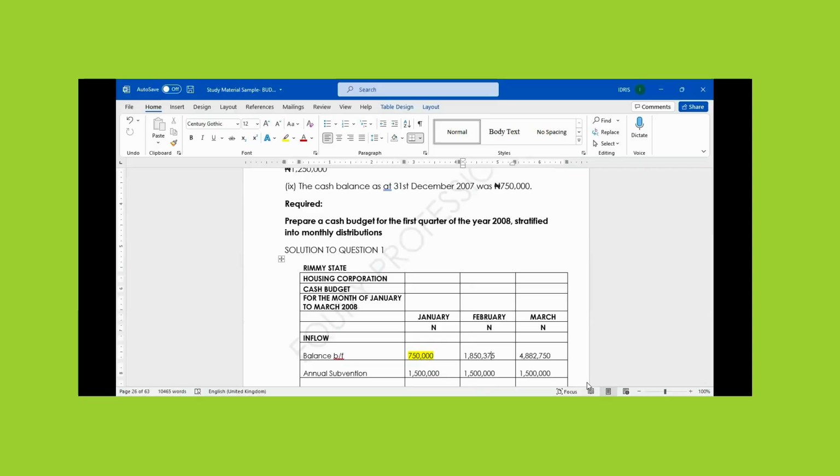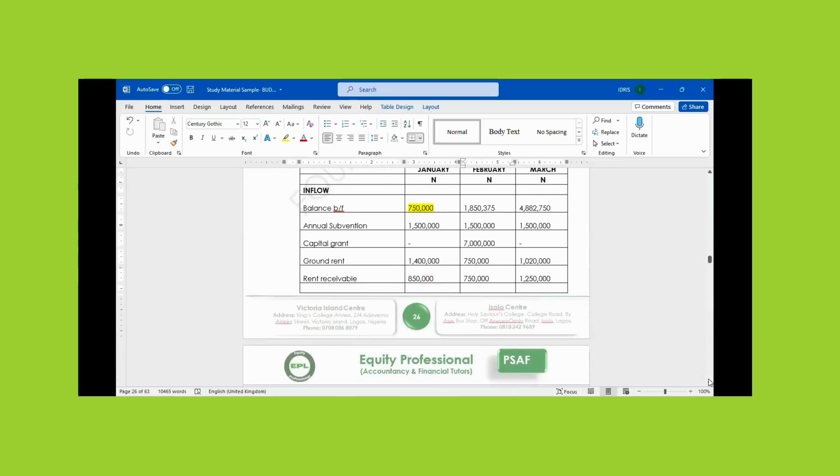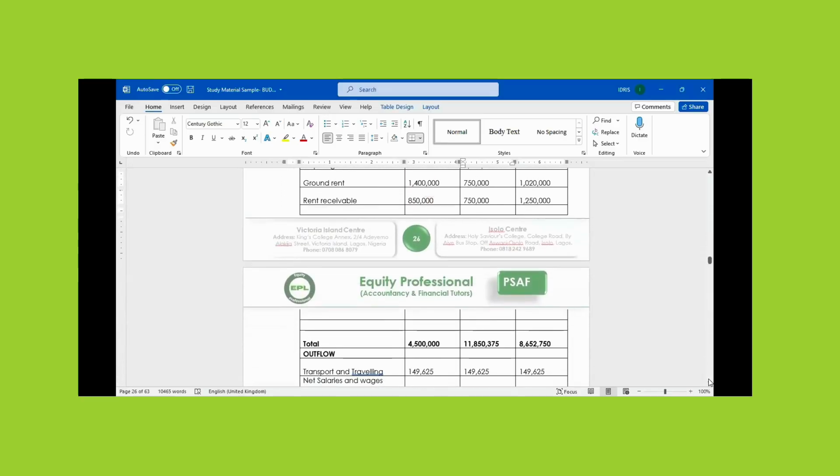We now total February too. For the total of February, we get 11,850,375. That is the total inflow for February.